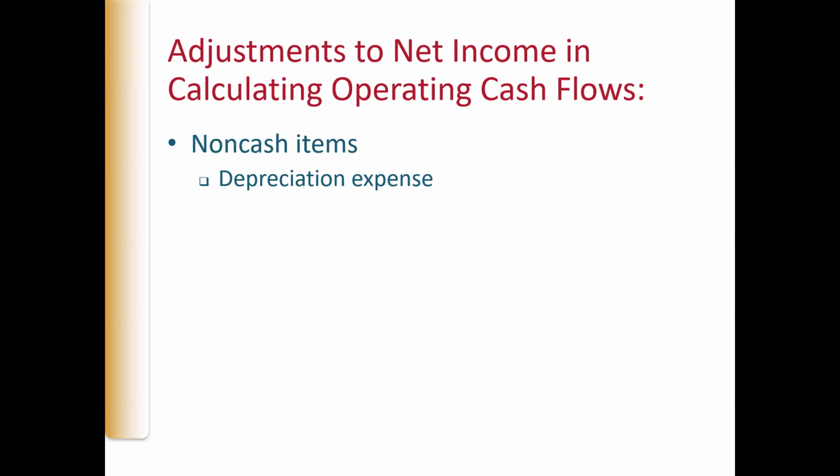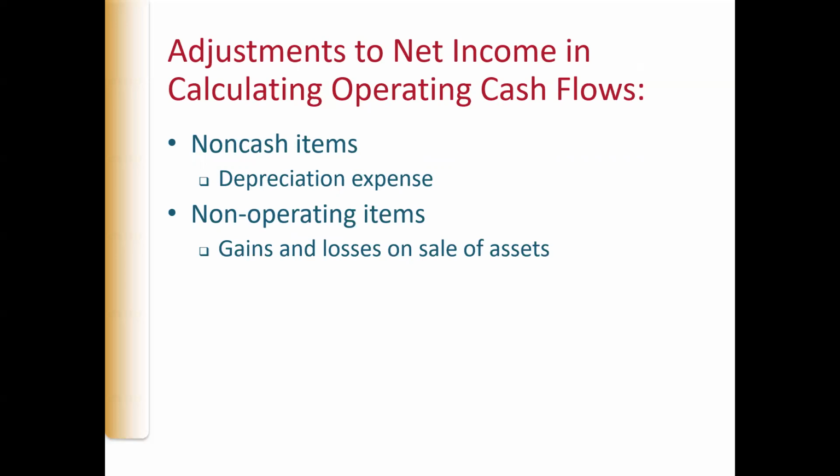Now, you know, and I know, depreciation expense doesn't involve cash, but yet it still reduced our net income. Because of that, we're going to need to add back depreciation expense in order to accurately show the true net income from cash activities.